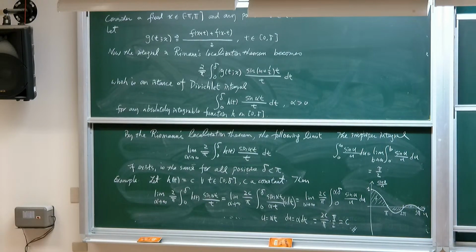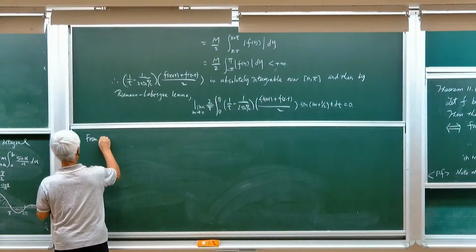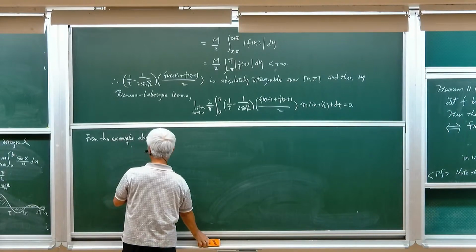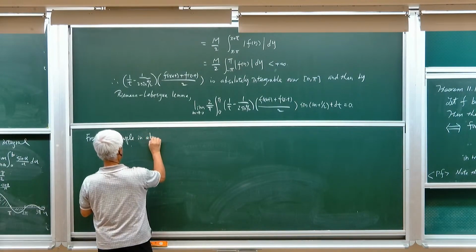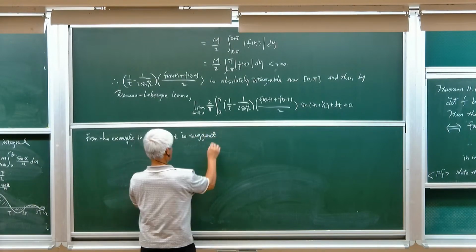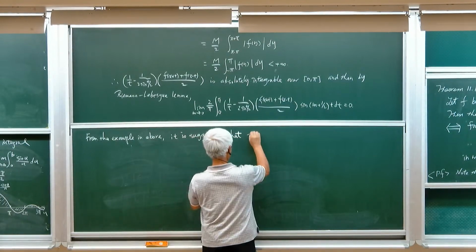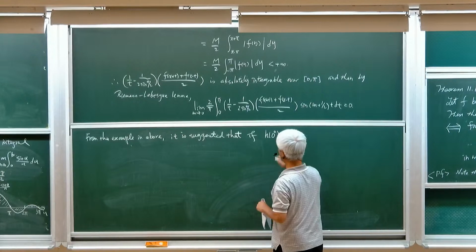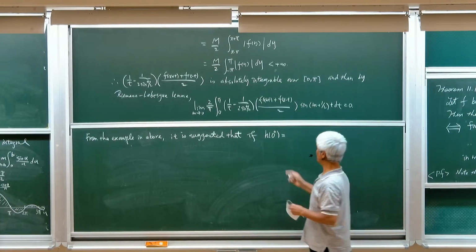Okay, so now from the example above, it is suggested that if the right-hand limit of the function h of t at 0 exists, so what is that?